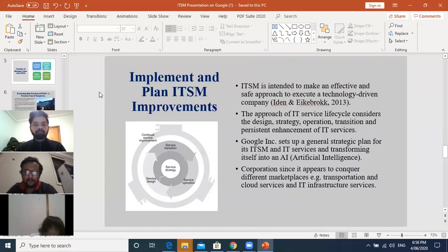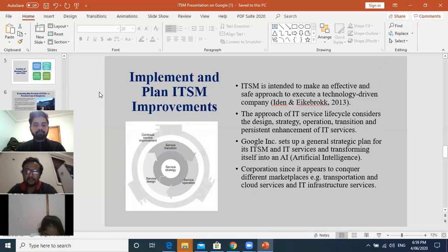ITSM is intended to make an effective and safe approach to execute a technology-driven company. The approach of IT service lifecycle considers the design, strategy, operation, transition, and persistent enhancement of IT services.